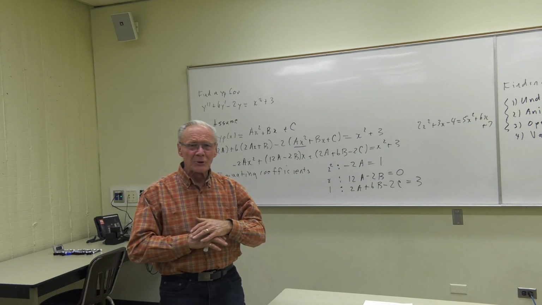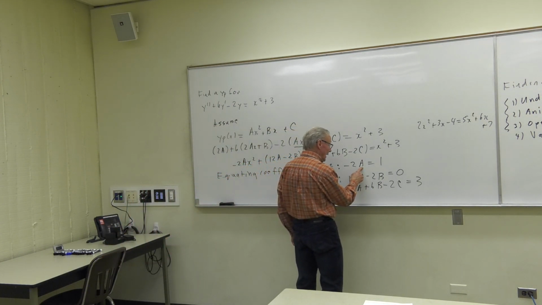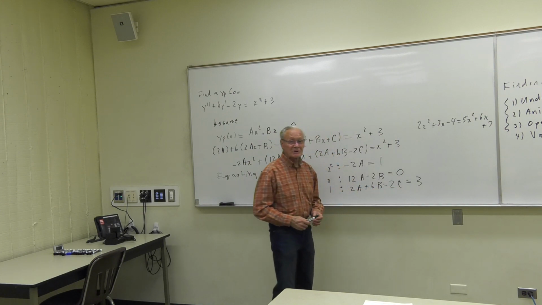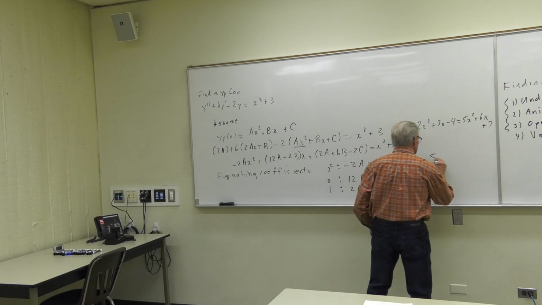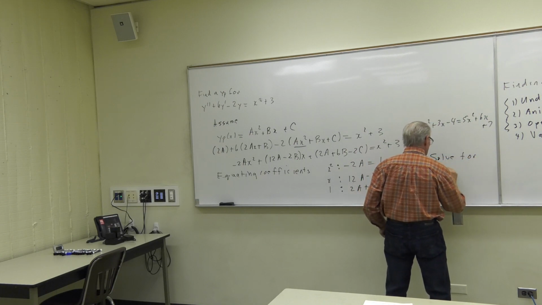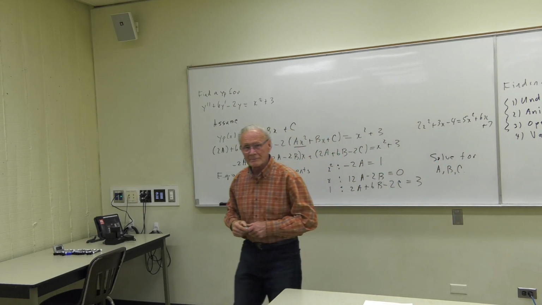I know you will not do any of those, and neither would I here. I solved this one for A. I put it here. I then solved this one for B. I put the A here. I put the B here, and I solved for C. I leave you to solve for A, B, and C any way you want.